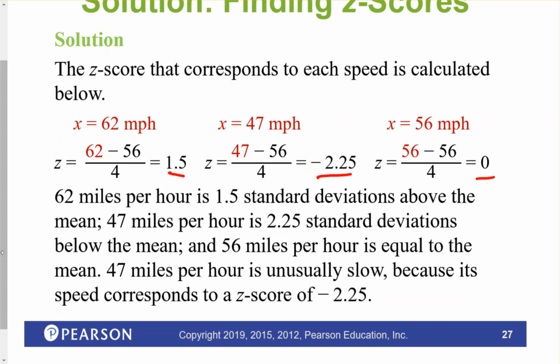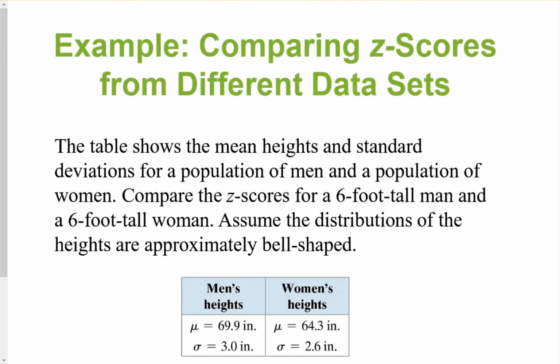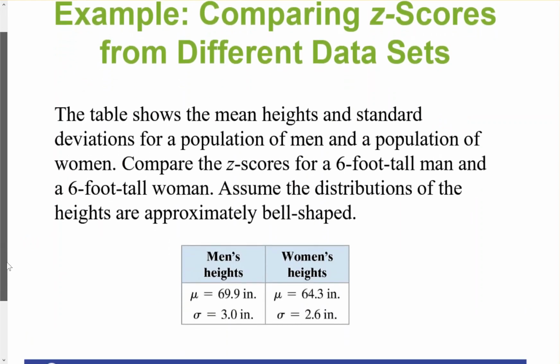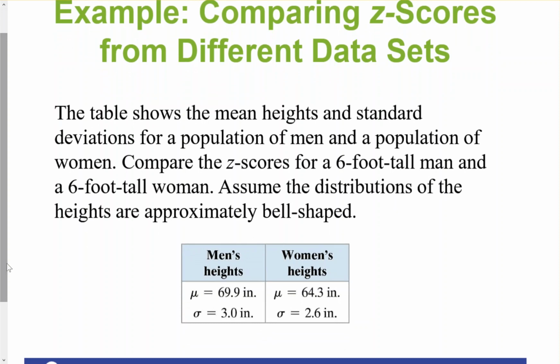Okay, let's take a look at comparing z-scores from different data sets. The table shows the mean heights and standard deviations for a population of men and a population of women. Compare the z-scores for a 6-foot tall man and a 6-foot tall woman.